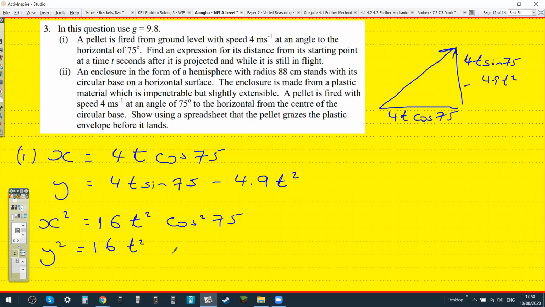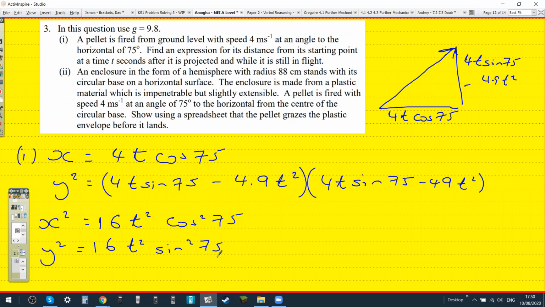No, this one isn't that simple. Hang on. So y squared would be essentially that, wouldn't it? Why would it be sine squared 75? Sine squared 75, I believe that's right.